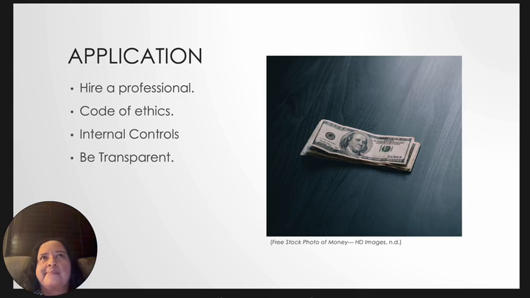Like, if I'm going to take this bribe from this vendor, how obvious will it be? I am the only person in purchasing and nobody knows what I do. As opposed to, if I take this bribe from a vendor, how obvious will it be? Our whole finance department is open. We're very transparent. It would be very obvious to everybody. Would I get caught? Yes. That's what I mean when I say transparency.